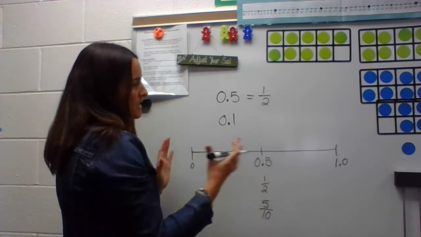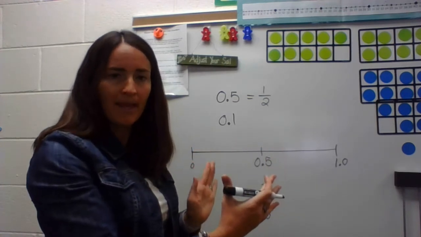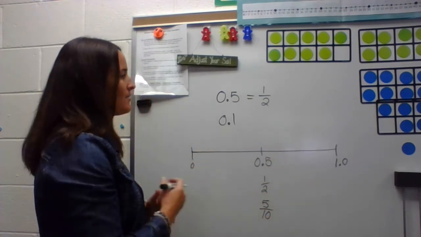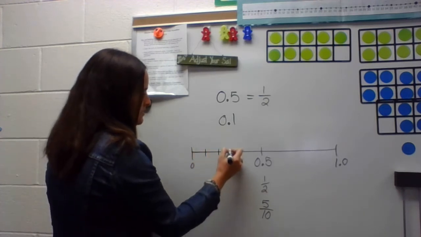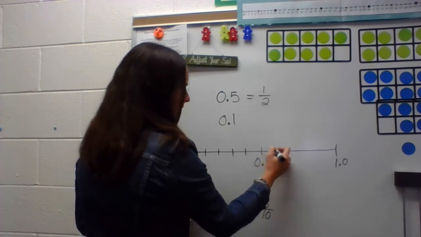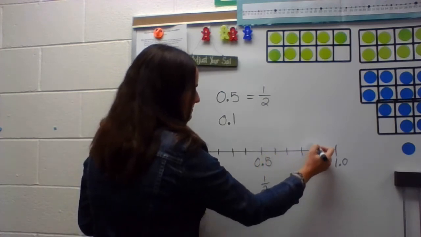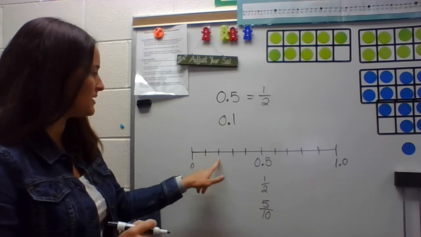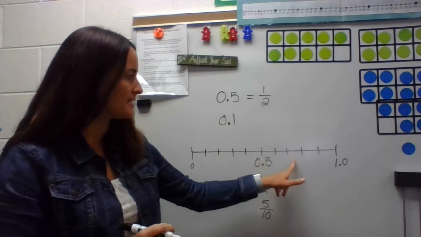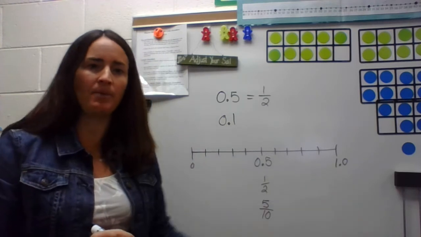So I'm going to choose to divide my number line up into tenths, because that's what I'm talking about here. And just like fractions, decimals allow us to take a whole and break it up into parts. So I'm going to go ahead and do that with my number line here. So now I have 1, 2, 3, 4, 5, 6, 7, 8, 9, 10 parts.